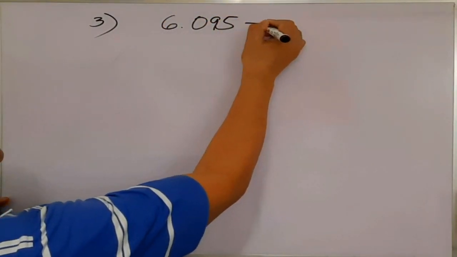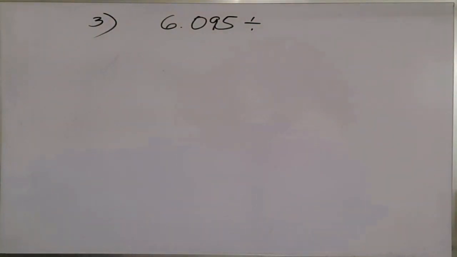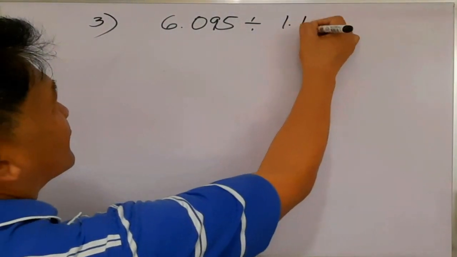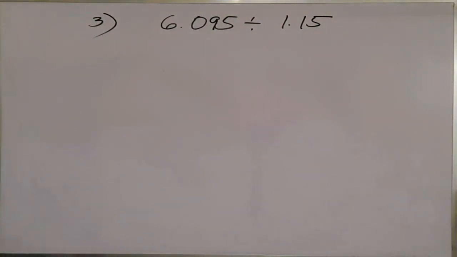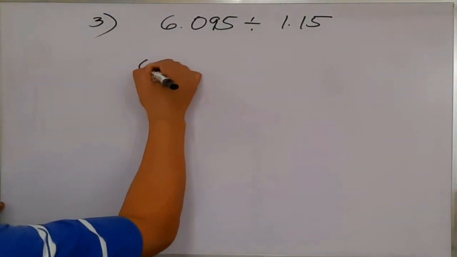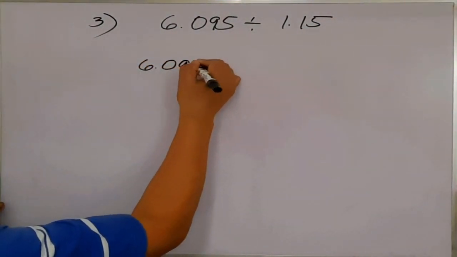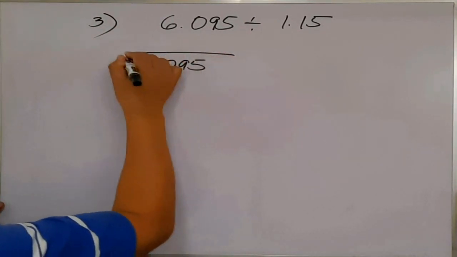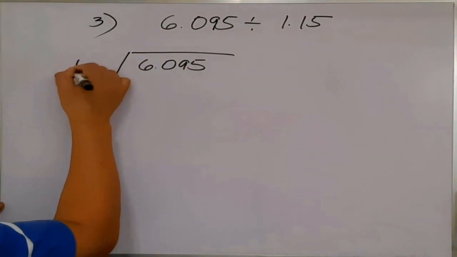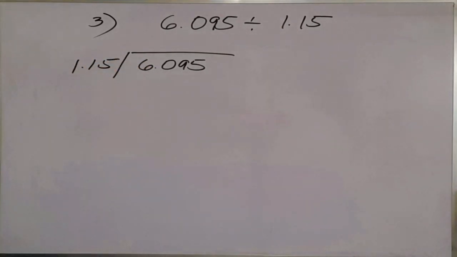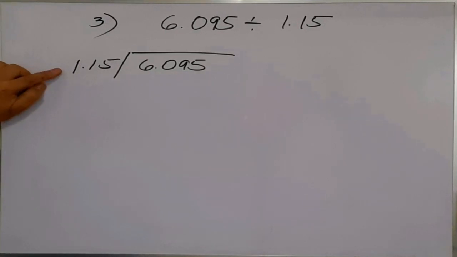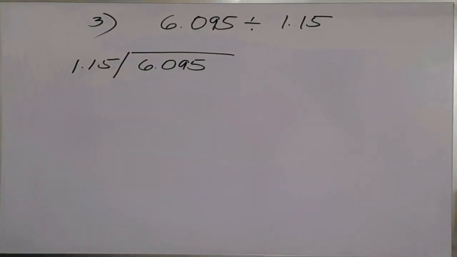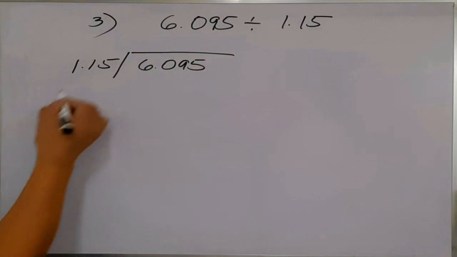6.095 divided by 1.15. So again, let's make your divisor a whole number by transferring your decimal point.